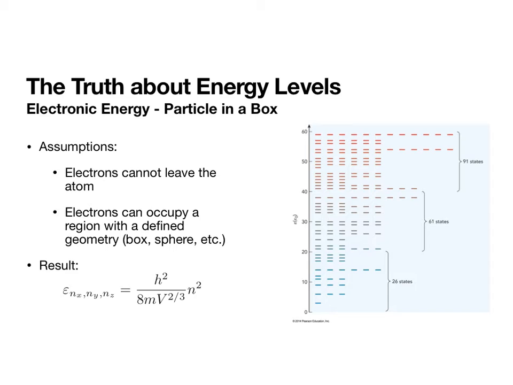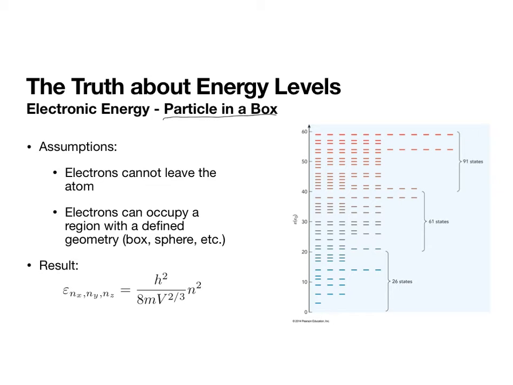But once we start thinking about molecules, things get a lot more complicated. And we have to find the answers. We have to solve some tough quantum mechanics problems, which we're not going to do. That's for next semester.